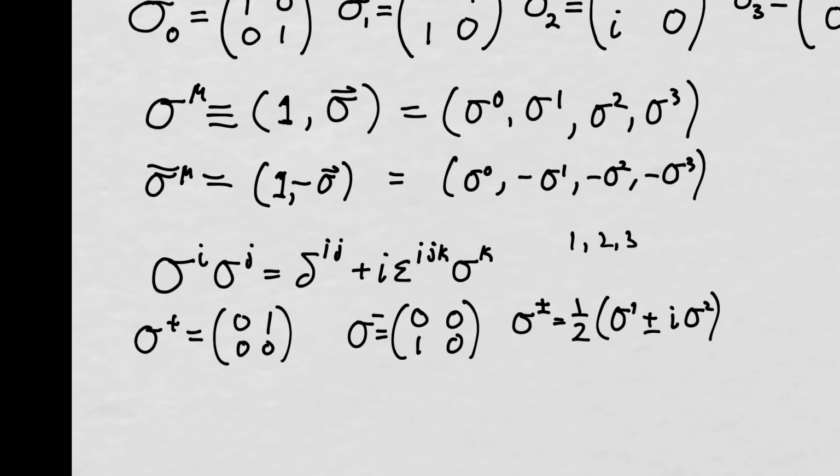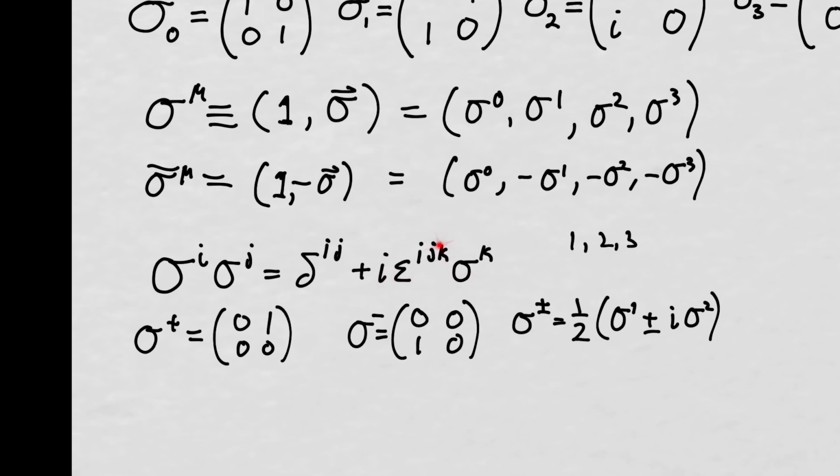Now that we've introduced the possibility of a spacetime index that uses 4 indices, you distinguish the Greek letters for spacetime indices and the Roman letters as indices for just the spatial part of the 4 vector. So you get this unit matrix here if i and j are the same, and if they're not, you get some sign times i times the third of the 3 Pauli matrices, meaning the product of any two is proportional to the third one.